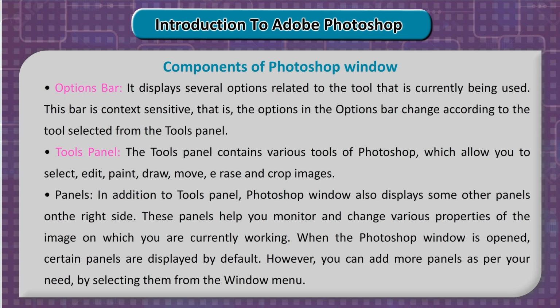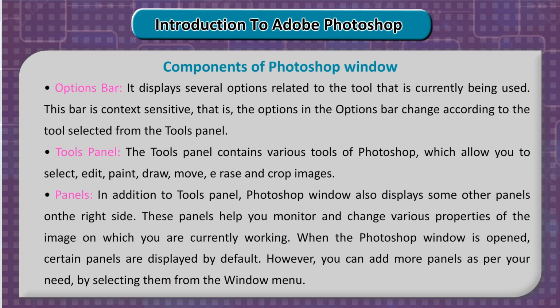Tools panel. The Tools panel contains various tools of Photoshop, which allow you to select, edit, paint, draw, move, erase and crop images. Panels. In addition to Tools panel, Photoshop window also displays some other panels on the right side. These panels help you monitor and change various properties of the image on which you are currently working. When the Photoshop window is opened, certain panels are displayed by default.